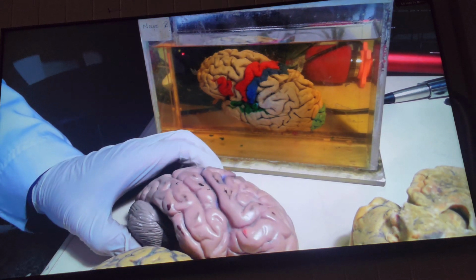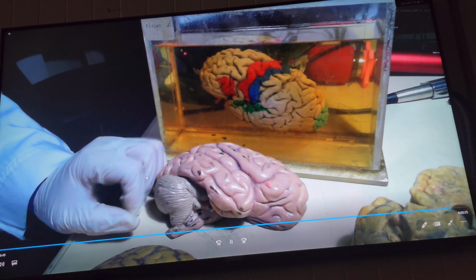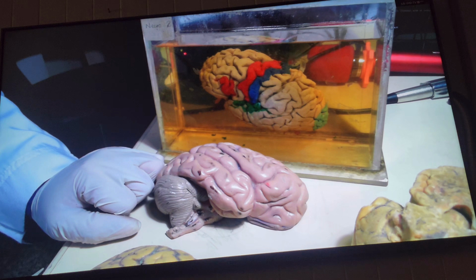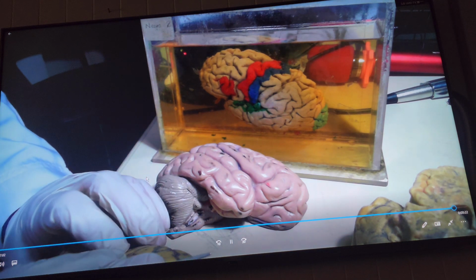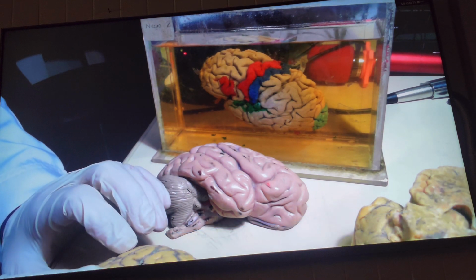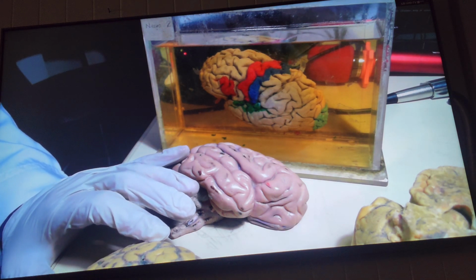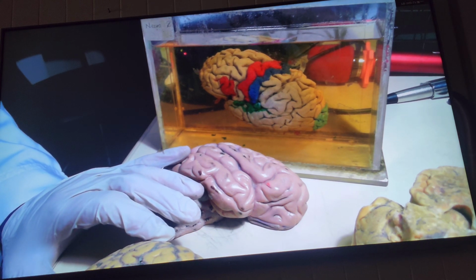The left hemisphere deals with language, mathematics, science, and logic, while the right hemisphere is concerned with singing or playing a musical instrument, reading facial expression, and intuition. So the dominant hemisphere for the language area is the left cerebral hemisphere.